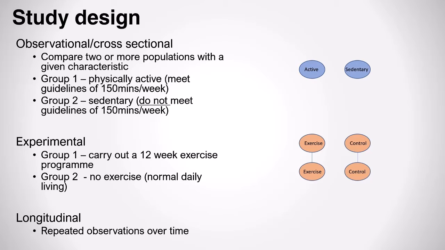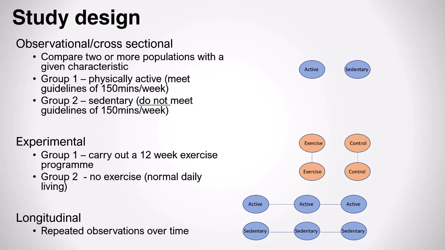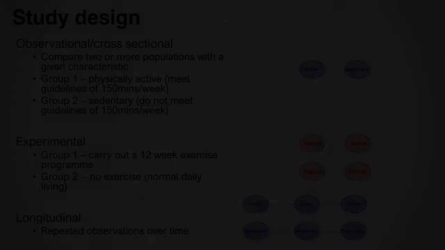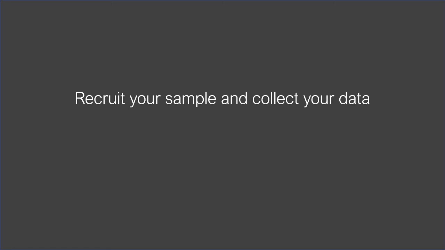And then with longitudinal study designs, unless you started your dissertation in second year, forget about that, because over a longitudinal period you need several data collection points. So you recruit your sample and collect your data.